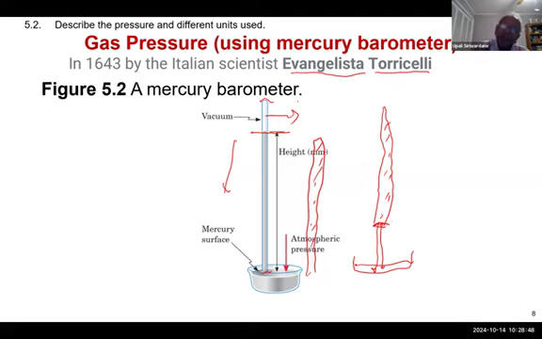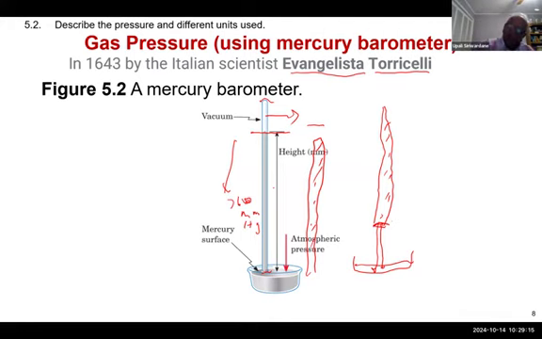This level of mercury is 760 millimeter mercury. When he saw that, he was the first one to create a vacuum.